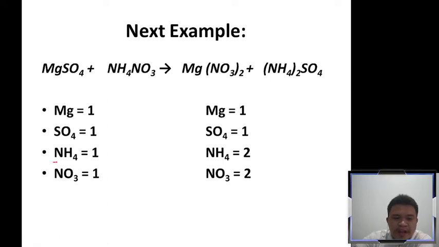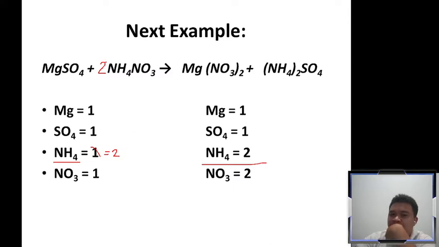NH4 is 1 on the left side and NH4 is 2 on the right side of the equation. So, which is a lot easier for us to manipulate? You can see I can add a coefficient of 2 here to make NH4 on this side of the equation 2.